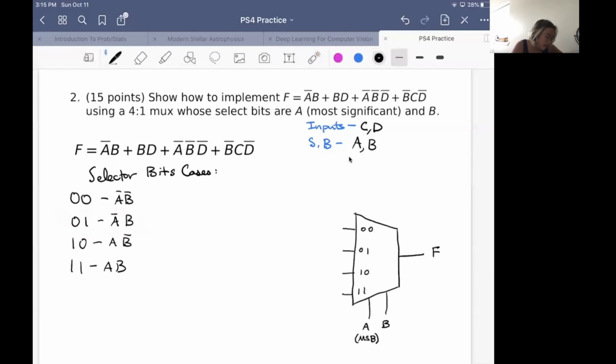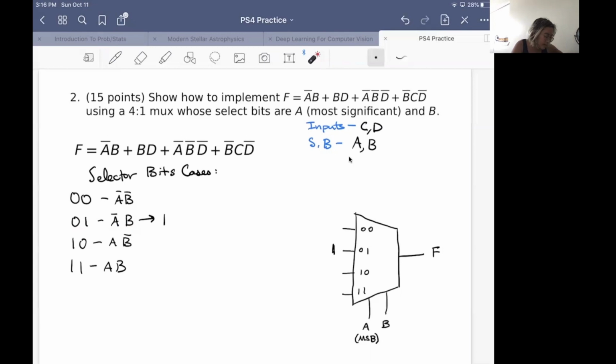What this minterm's presence in the sum for f tells me is that no matter what any of the other input values are, as soon as A and B is equal to 0, 1 and that mux input is selected, it's going to return a 1. So that tells me that there is a 1 at the mux input corresponding to this case. So that's equal to 1.